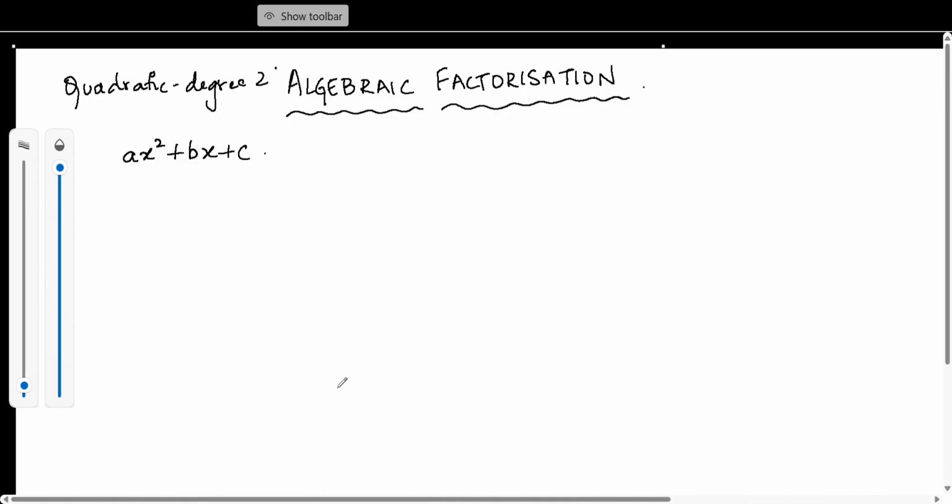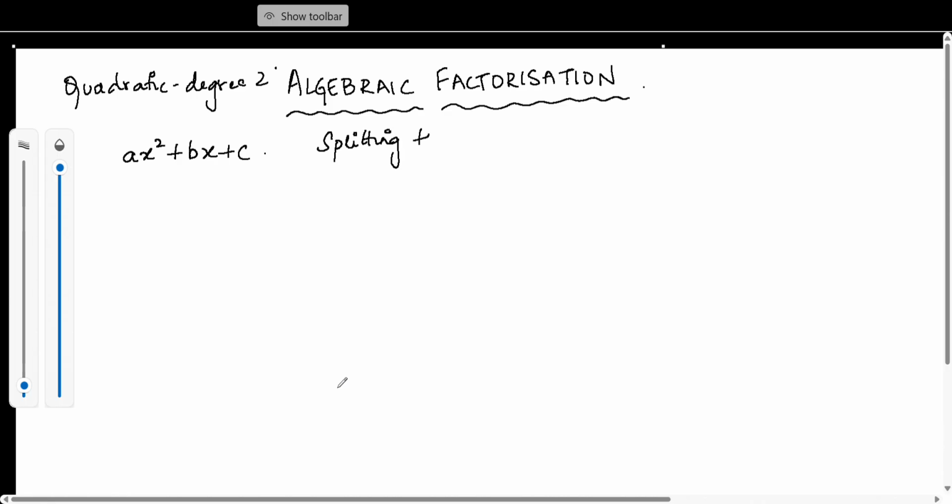When we have to factorize it, it means this quadratic has two linear factors. It will come in the form of two linear factors: x plus something into x plus something else. Let us see how quadratic factorization can be done by splitting the middle term.